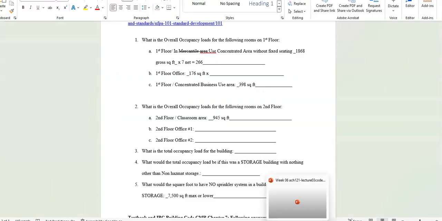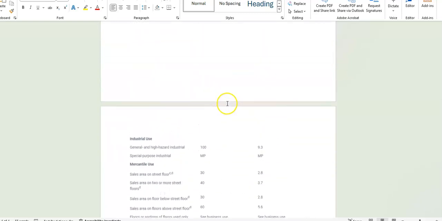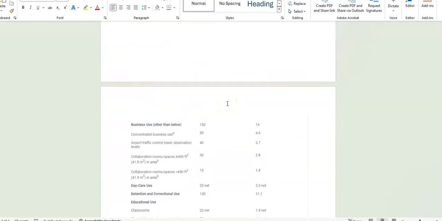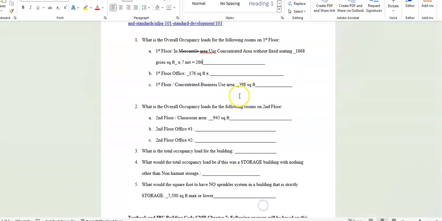Now, when I go back over to my occupancy load, under the assembly, less concentrated, I have 15 net. So let's see what that does to our occupancy load for this space. It might make more sense. Oops, not times, divided by: 1868 divided by 15 equals 124.5.